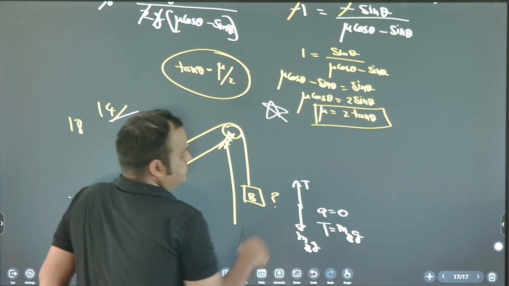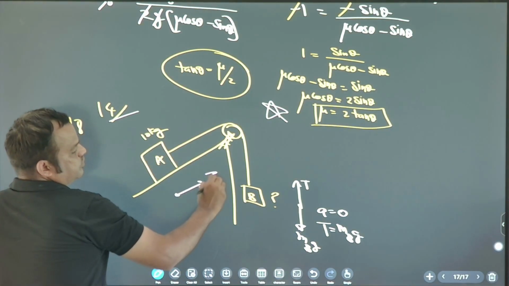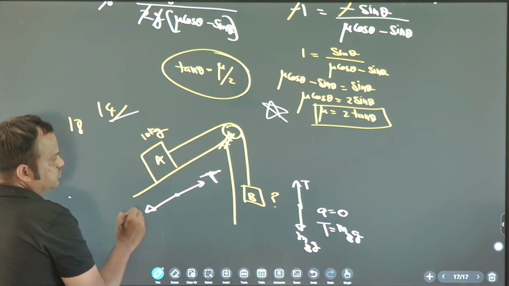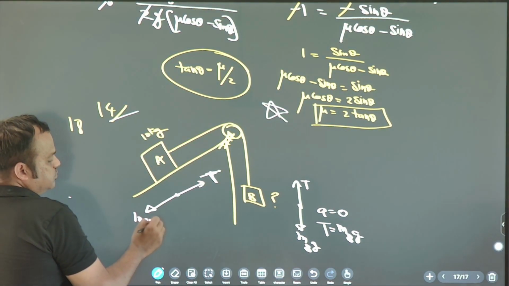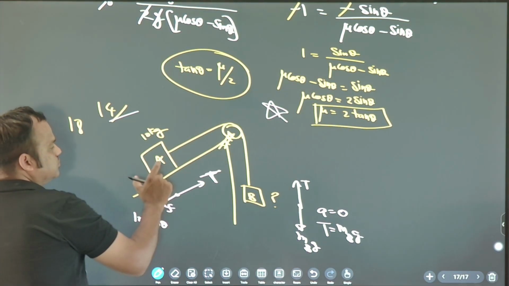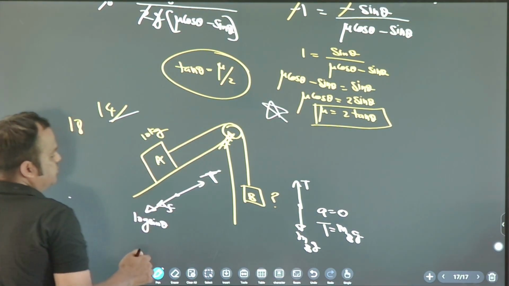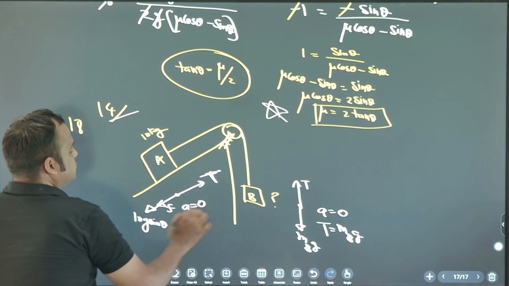T is mbg. Okay, wait. Now for A, the tension is upward. But down the plane, what is the force? mg sin theta. Friction is also there. Kinetic or static? Kinetic. So net force 0, acceleration 0.